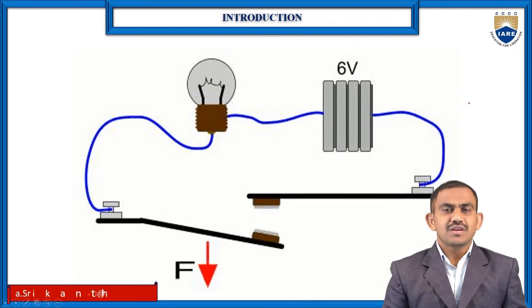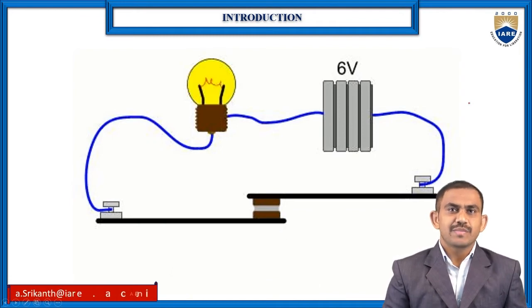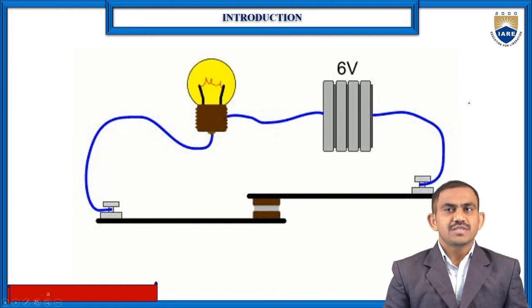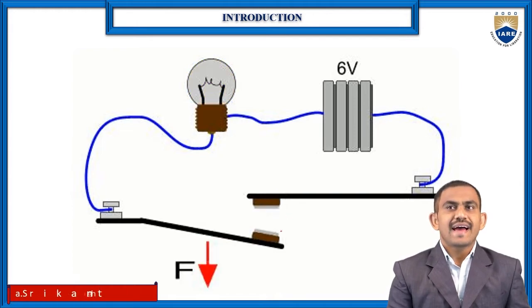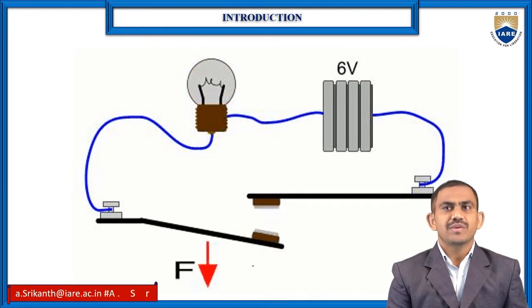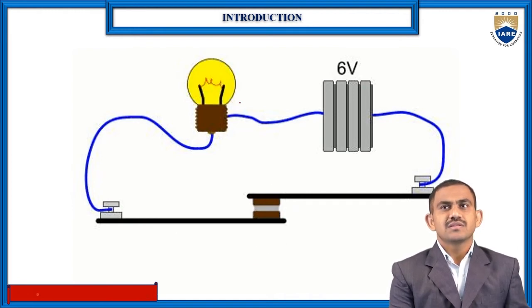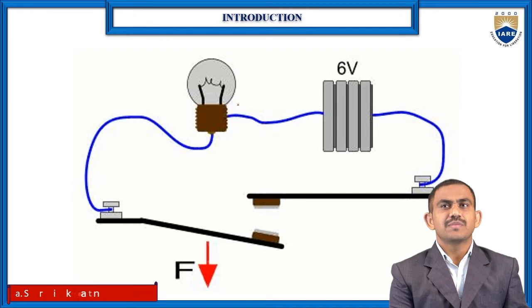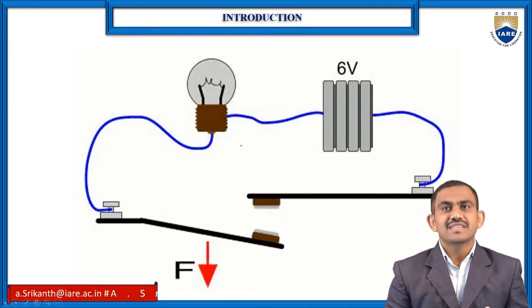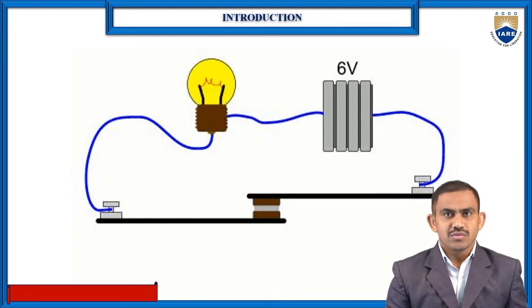Now just observe the small clip image. If you observe open and close: it's open, now it's closed. Again open means the bulb is off and close means the bulb is on. That means when the circuit is open, there is no current flow.